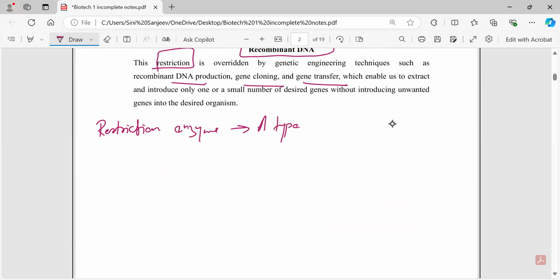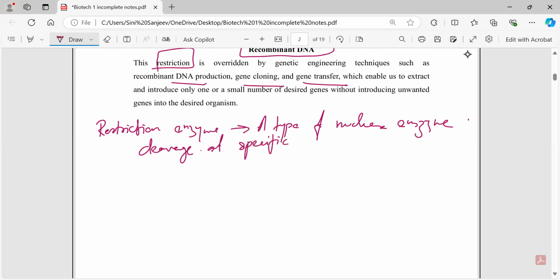It's a type of nuclease enzyme which helps in cleavage at specific sites. That specific site is called a sequence.